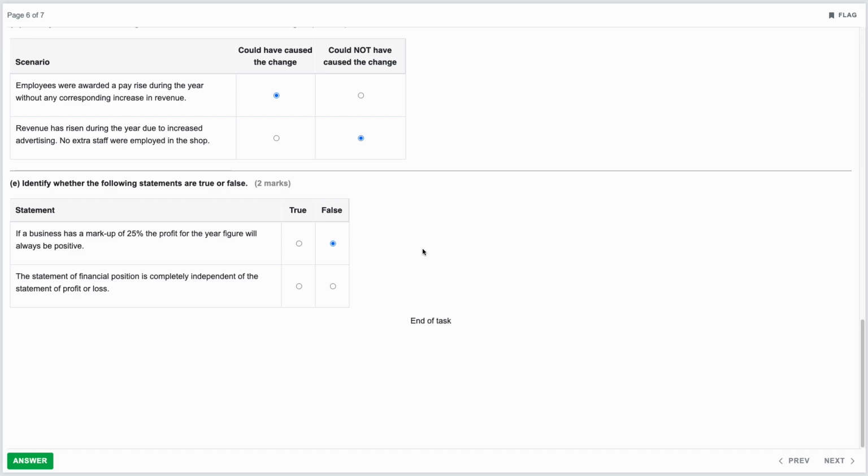And then the last one, the statement of financial position is completely independent of the statement of profit or loss. Again, absolutely false. They are connected in 2 different ways. Firstly, your closing inventory, which is recorded in both the statement of profit or loss and the statement of financial position.